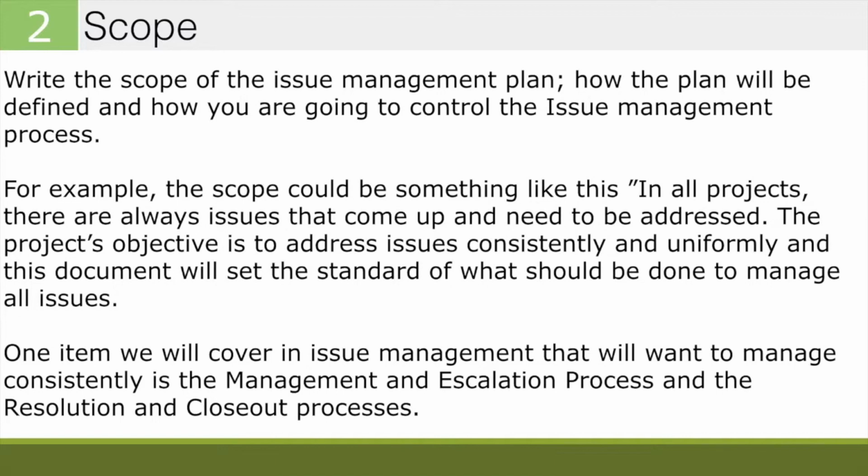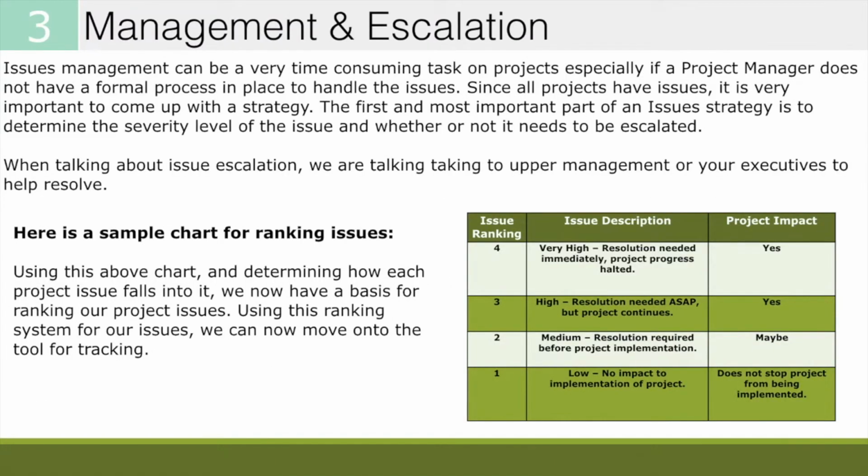That make sense? Yeah. So one of the things we just talked about is the management and the escalation. Issue management can be time consuming, right? Things are occurring on the project now. If a project manager doesn't have a formal process, they can be overwhelmed with all these issues and spend all their time managing issues when they really have to manage all aspects of the project.